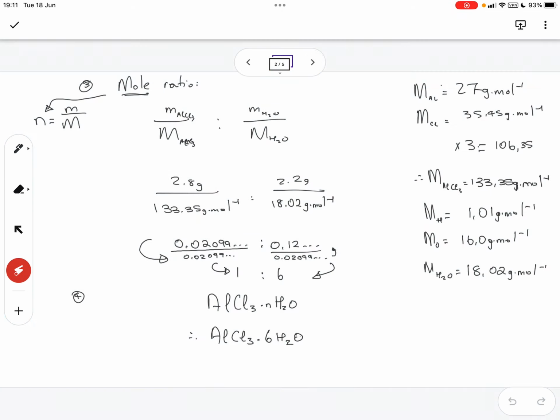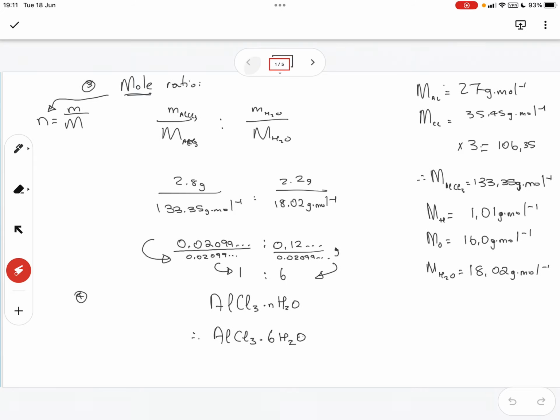And then we extend the same line of thinking with the molar mass, which we simply work out by looking at the periodic table so that we can find the molar mass of each of the compounds. So the molar mass for aluminium is 27 grams per mole, and the molar mass for chlorine is 35.45.